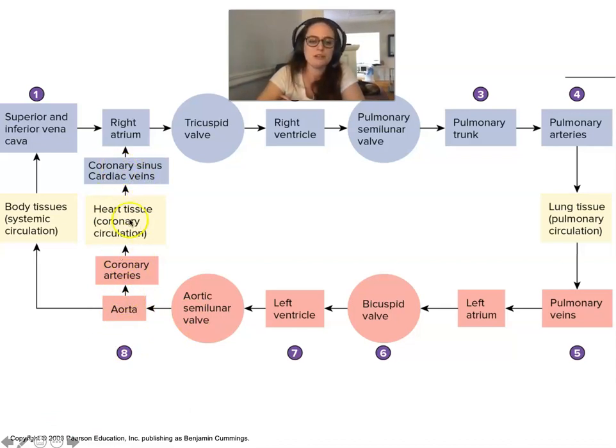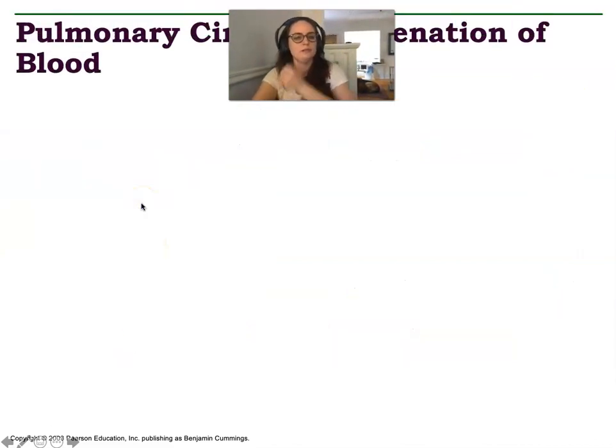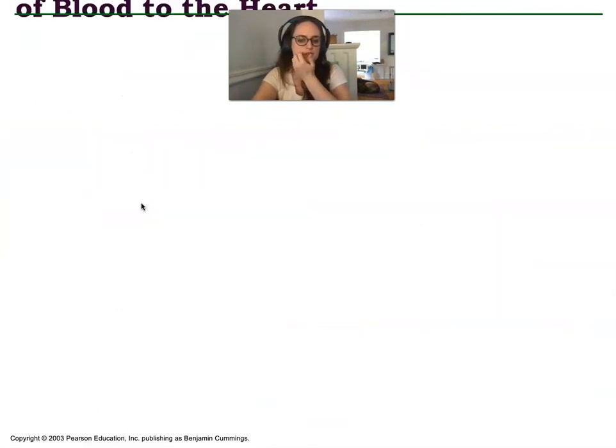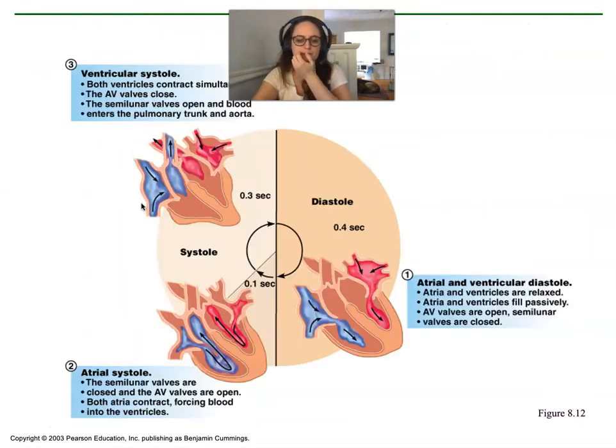And then remember, we do draw all of our deoxygenated blood into that coronary sinus and back into the right atrium. So the systemic circulation looks like this. Pulmonary circulation is here. And then the coronary circulation is here. We did all this, so it's written down for you.